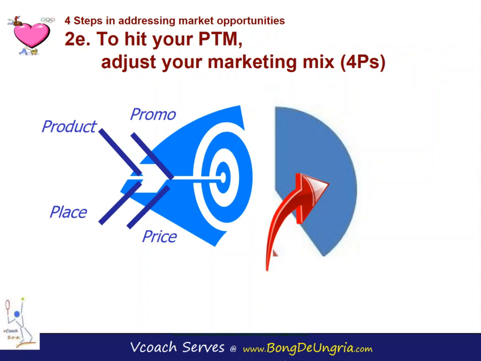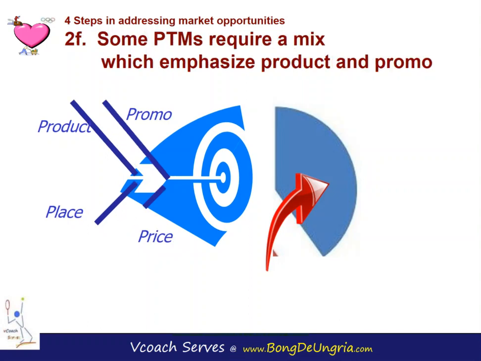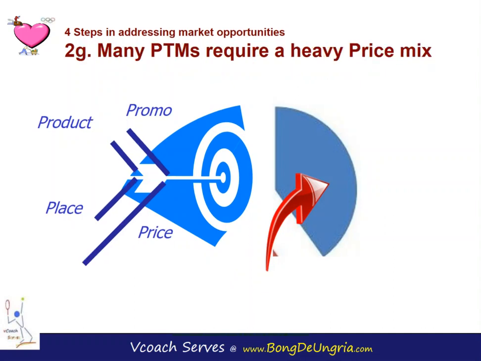You can adjust each of the four P's of product, promo, place, and price to hit different target markets. Some target markets require emphasis on promotions and products. Some other target markets require a heavy price mix.